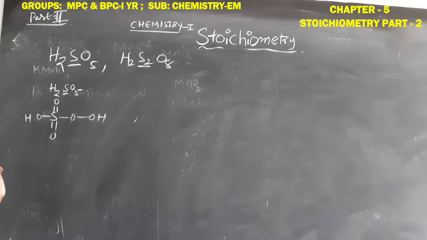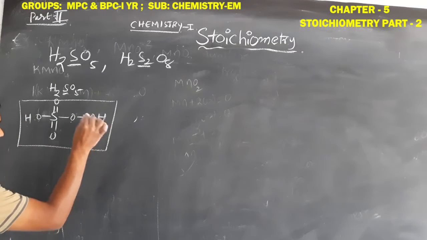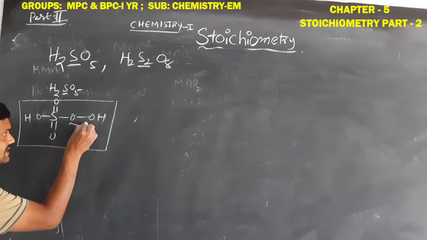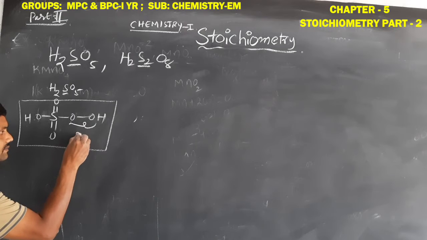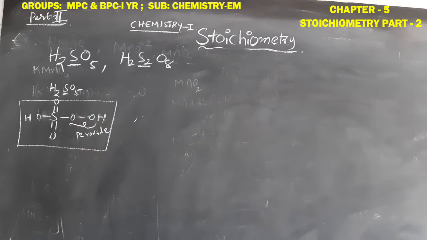Okay, so this is the H2SO5 structure. Students, this is the H2SO5 structure. So when we observe this H2SO5 structure, here these two oxygens are involved in the peroxide bond. Okay, students, these two oxygens are involved in the peroxide bond.